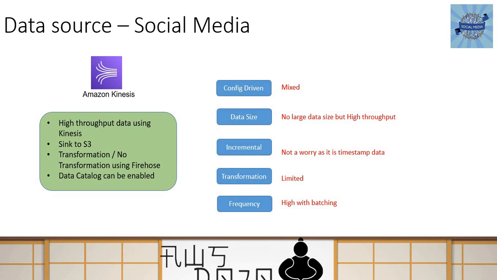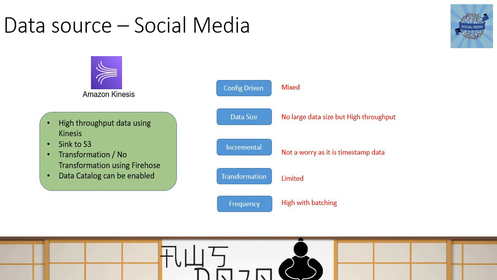You don't need to worry about incremental data in this case. That's the good news, because with social media feeds and those kinds of timestamp based data, you simply get incremental data, new feeds coming in are ingested. You don't need to worry about any kind of incremental data, because whatever data you get is new data, with a new timestamp for you.